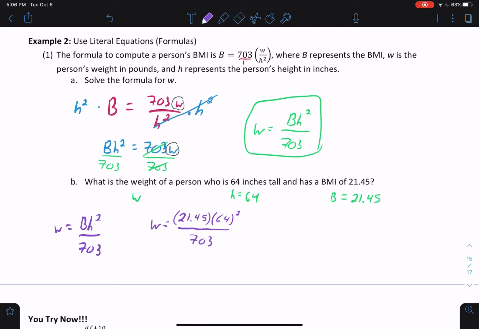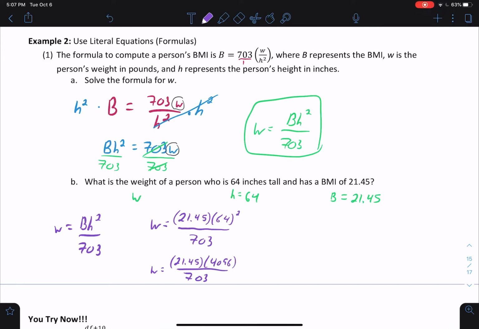Now I use order of operations. Nothing to simplify inside parentheses. We have exponents, so 64 squared. So this is going to be W equals 21.45 times 4,096 all over 703.